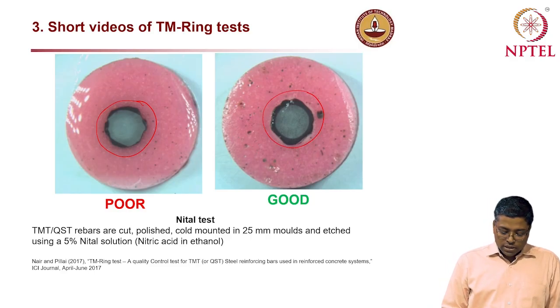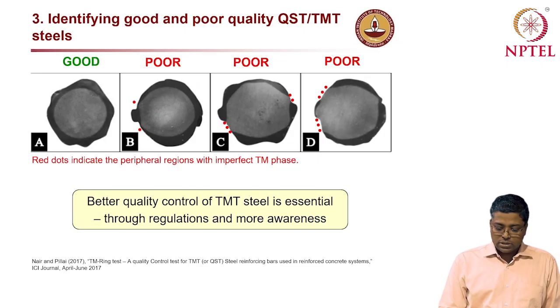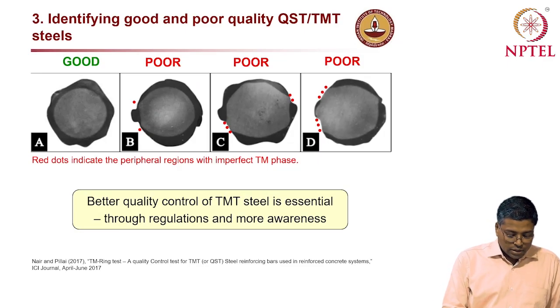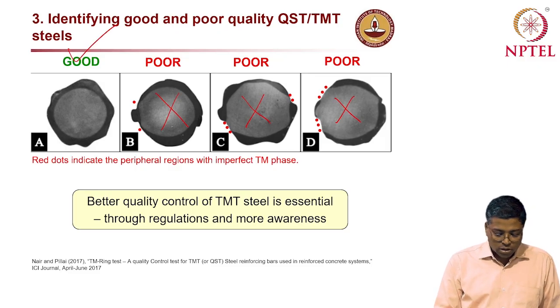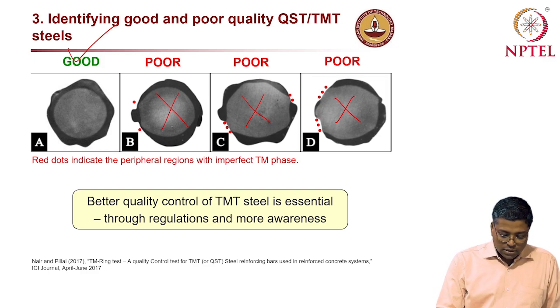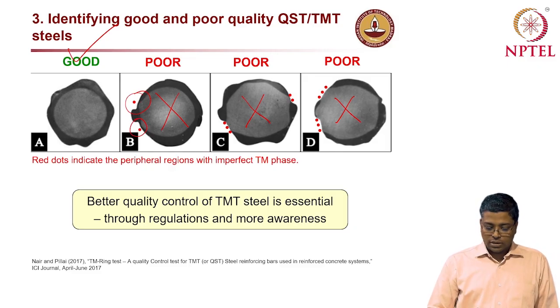But there are many products in the market where you see only a very inadequate ring. So this is an example. Case A here is a good rebar. It's very good. This case B is not good, because you can see where these red dots are placed, in this region you have very little tempered martensitic phase.